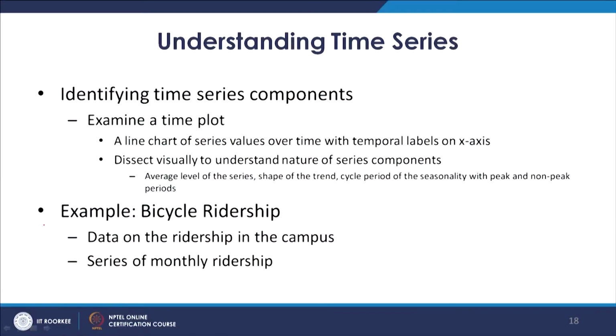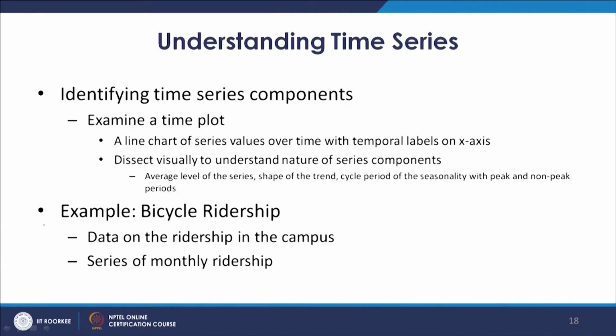So, we look to identify the average level of the series. Once we have a look at the time plot, we will be able to identify which value on the y axis typically defines the level of the series. We can also see the shape of the trend, whether it is linear, exponential or polynomial.